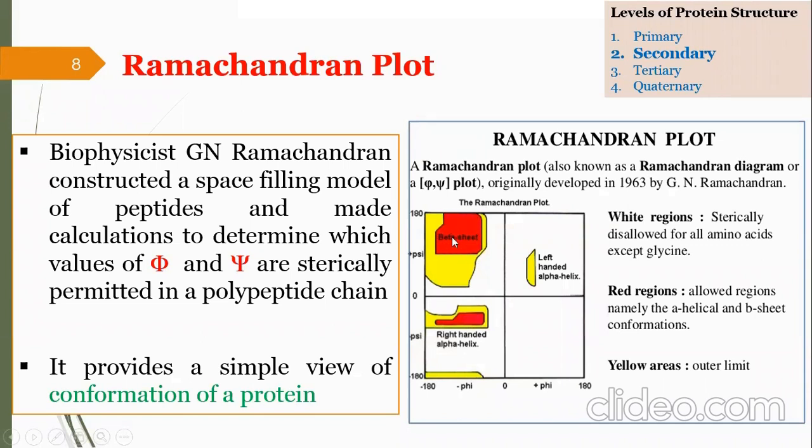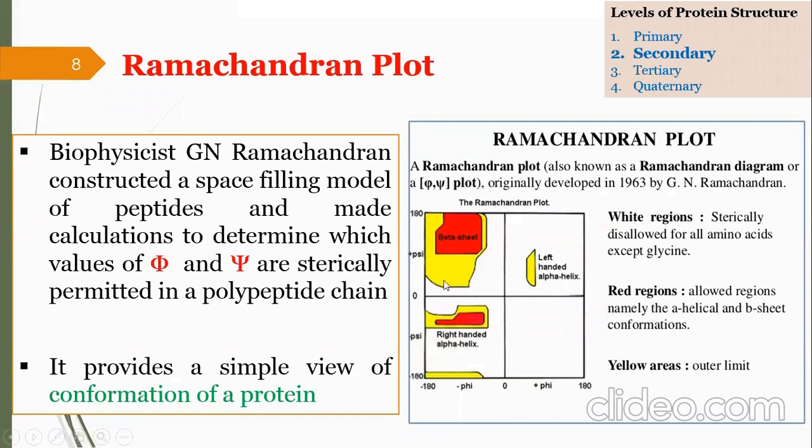Amino acids making phi angles and psi angles in this region will form beta sheets. Here in this region, there will be a right-handed alpha helix, with phi here and psi here.